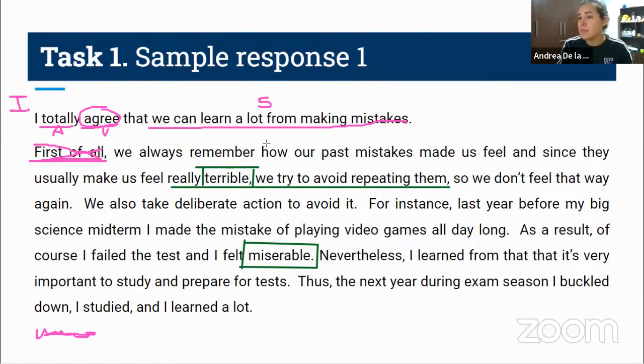So instead of saying mistakes make us feel bad, he says terrible, miserable. Instead of saying studying is good, you say studying is beneficial, favorable, advantageous. Instead of saying it's very important to study, it's essential to study, it's key, it's of paramount importance, it's, I don't know, detrimental to study. So look for some synonyms to the most common adjectives for vocabulary.